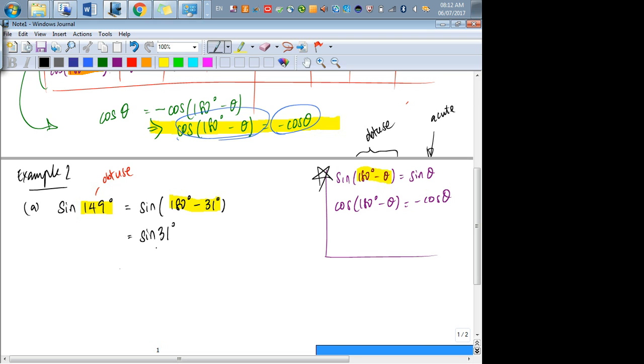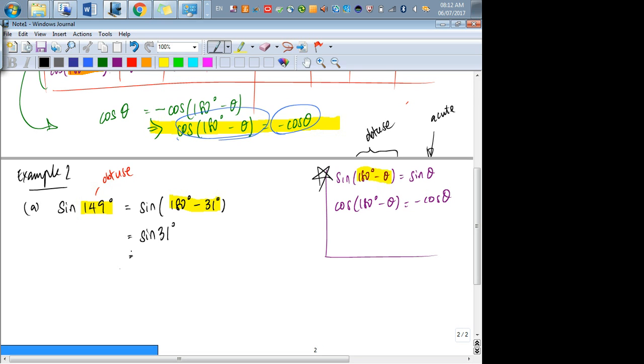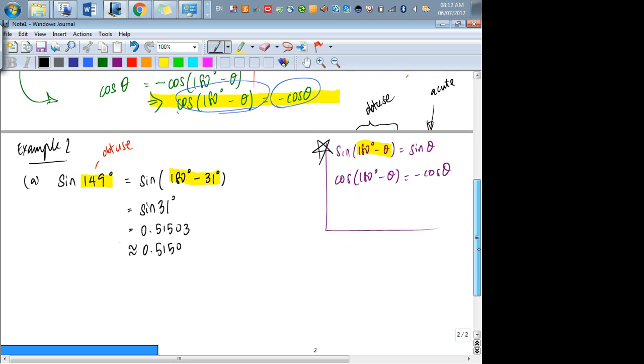And now, according to the question, they want us to use our calculators to find the answer. And we will get 0.5150. Before we round off to 4 significant figures, I still need my 5 significant figures: 0.51503. And round it off to 0.5150. Okay? Okay. Let us try part B.